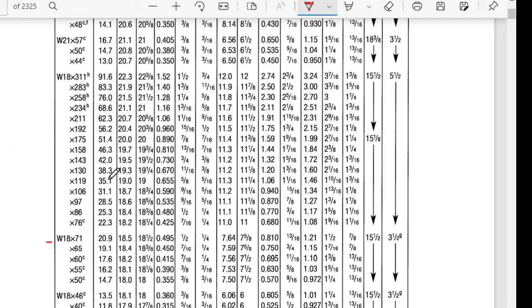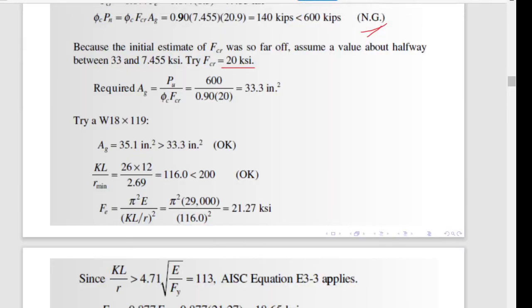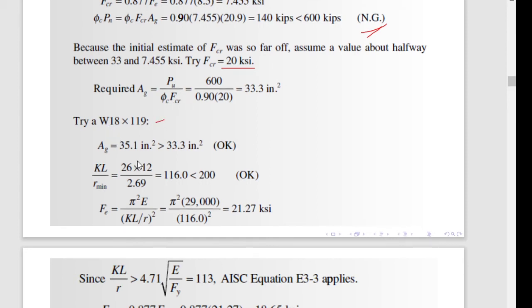The next section with area larger than 33.3 is W18 by 119, no? This one. So we try this section, W18 by 119 with area 35.1, slightly larger than 33.3 inch square, no?